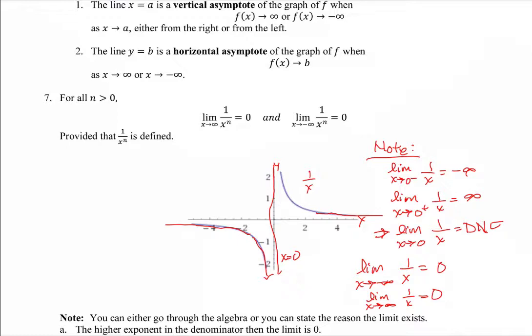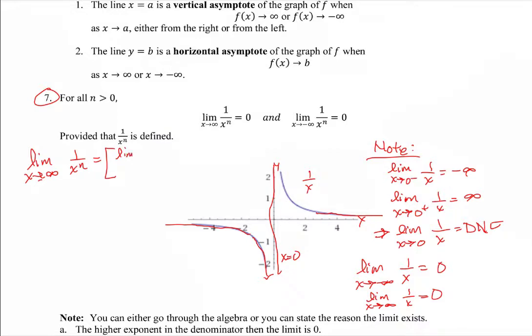Now, I want to talk about this little principle. If I have the limit as x goes to infinity of 1 over x to the n, by a property of limits, I can pull that exponent to the outside.